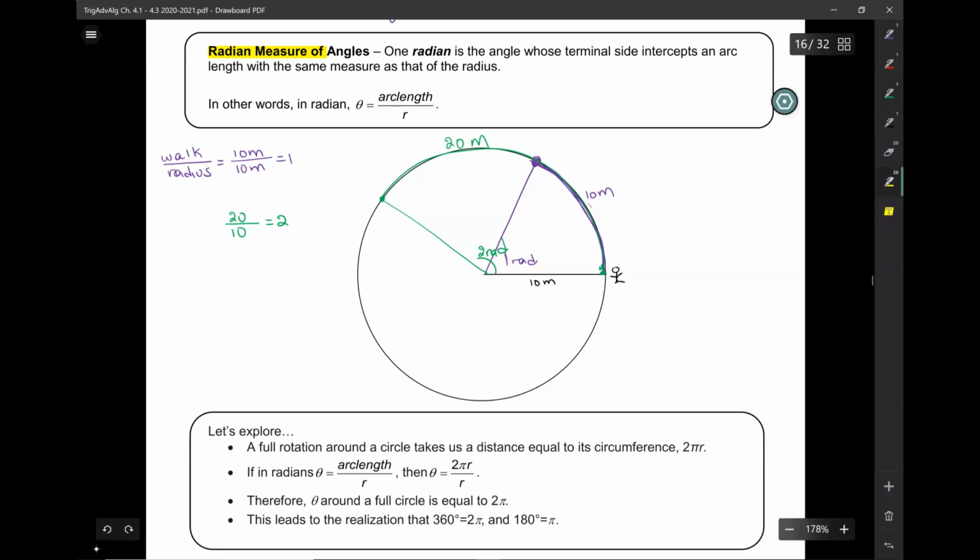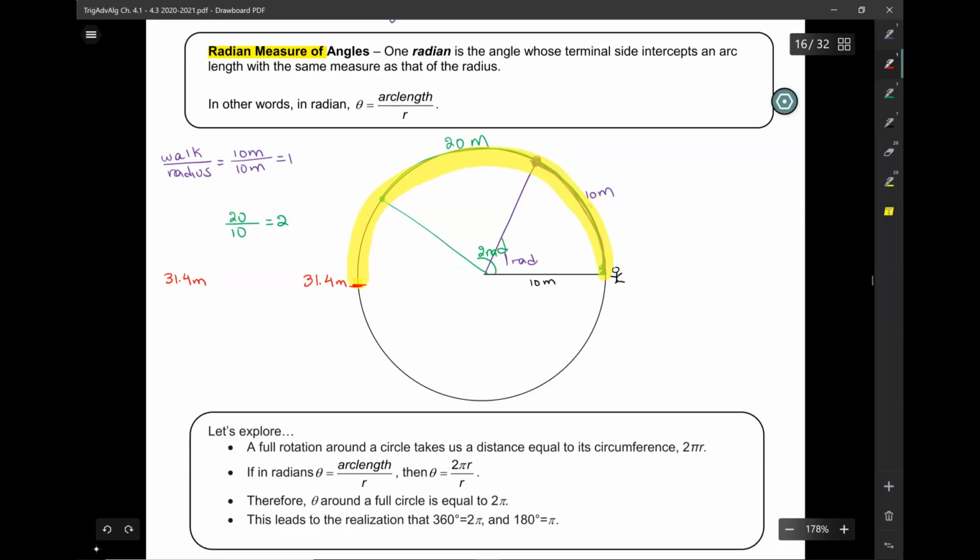Now, suppose you start walking, you get here and you feel winded, and you look and say, I've walked exactly half of the circle. You look at your pedometer and right at that point, it reads that you have walked 31.4 meters. So let's see what that ratio is.